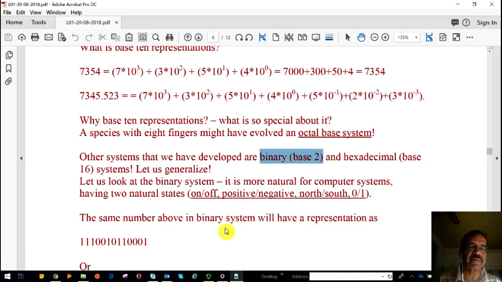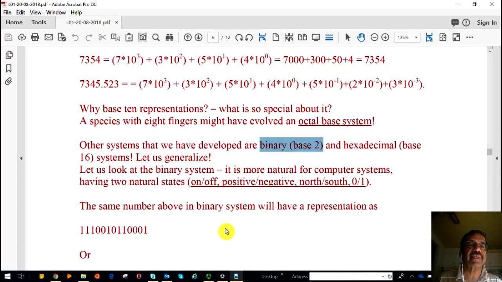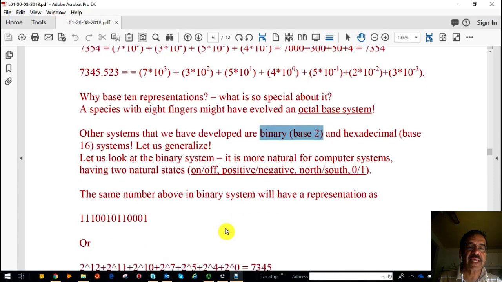So on, off, north, south, positive, negative, these are all the two system states. So the same number above, 7354, in the binary system will be represented by this number, 111001001100001. Now, how did we come up with that? That's called the bit pattern. Bits are just zeros and ones. There are only two symbols you need in a binary system, as opposed to 10 symbols in a decimal system.